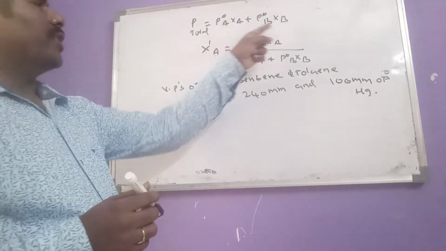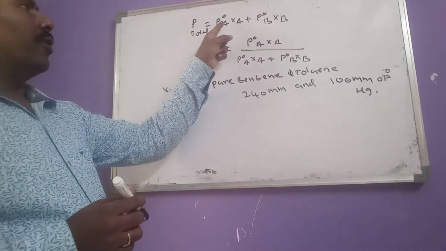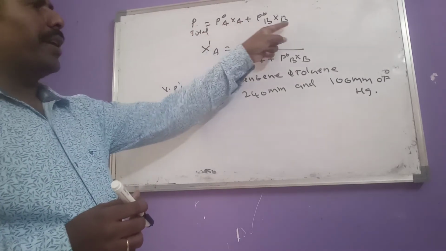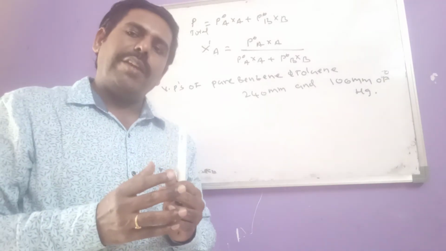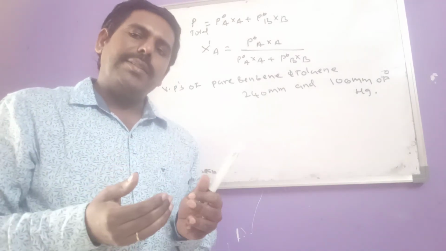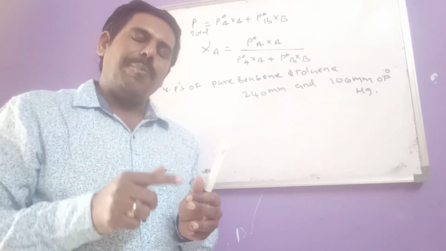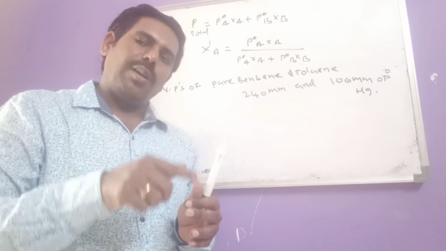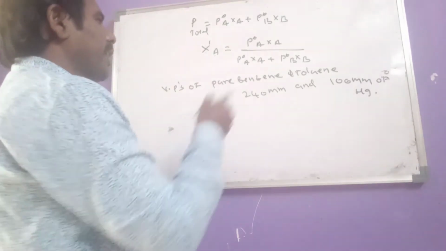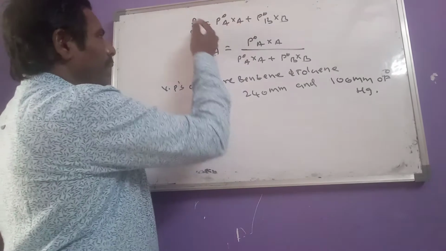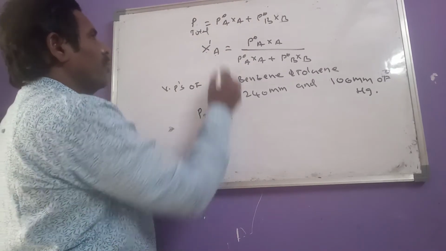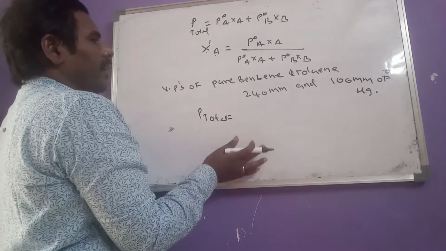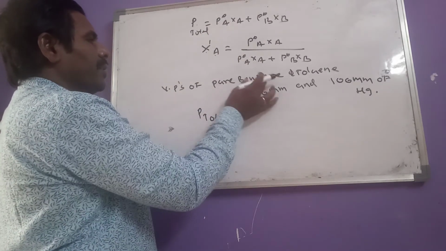So we have to use this formula. P total equals to P naught A XA plus P naught B XB. Equimolar mixture they have given, means let us consider 1 mole of benzene and 1 mole of toluene. Consider A as benzene.